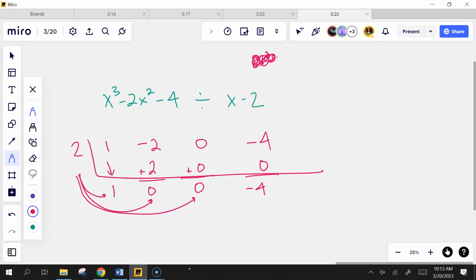That means x cubed minus 2x squared minus 4 divided by x minus 2 equals x squared. Now my remainder is -4. That's exactly right. -4 over what I divided by.